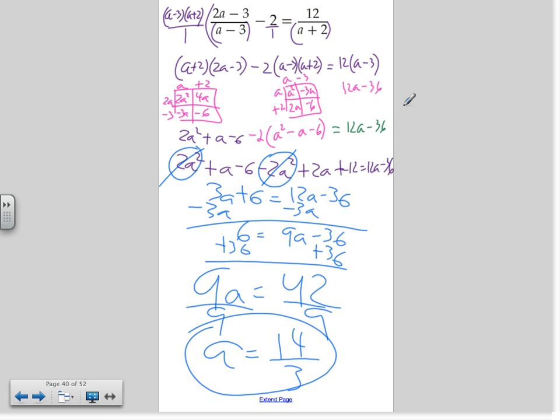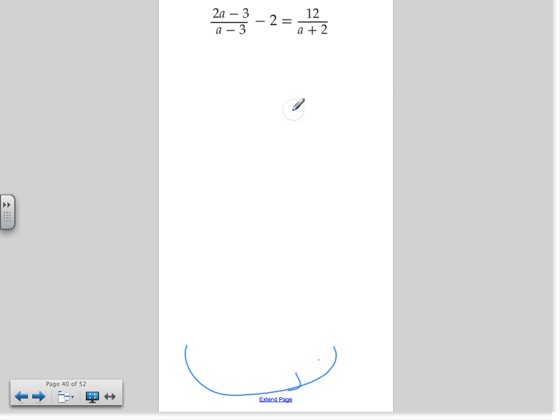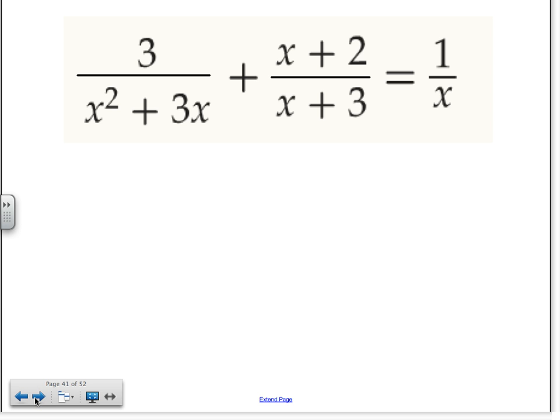I want to go ahead and show you this last problem right here that involves something that's a bit strange. Okay, so take a look at this. But first and foremost, just like always, what is the LCD? Look carefully.